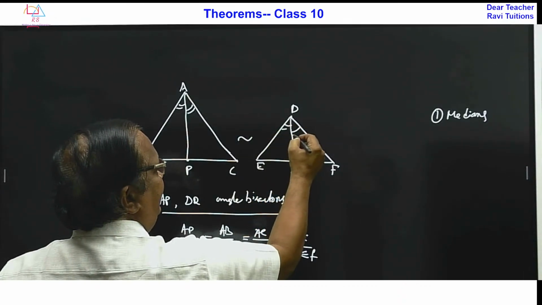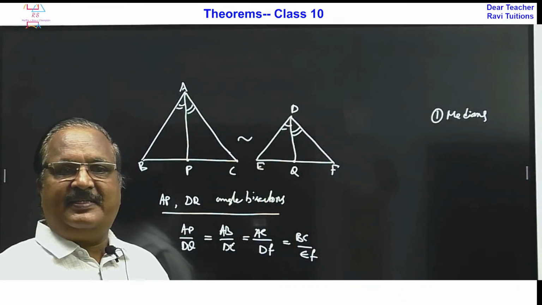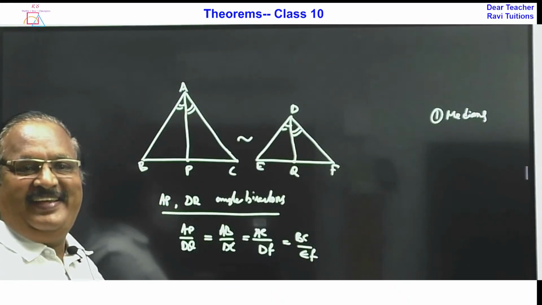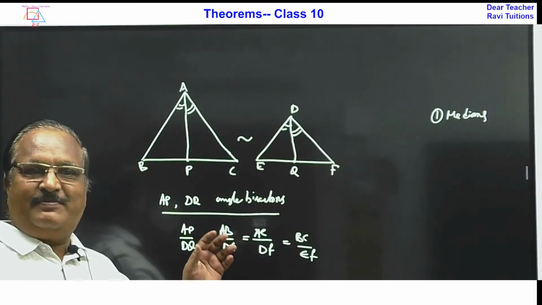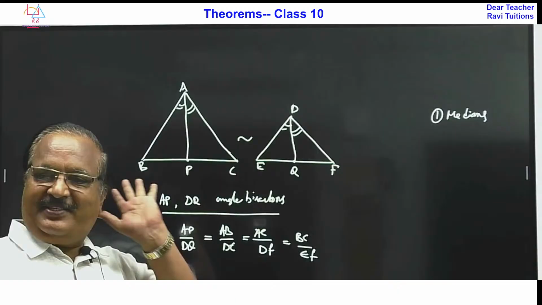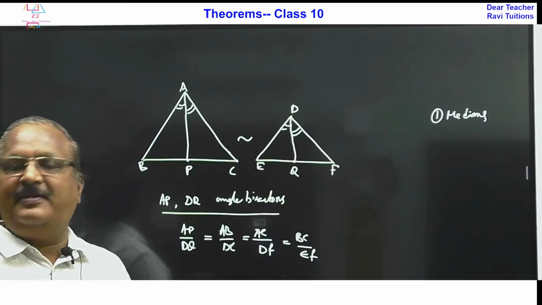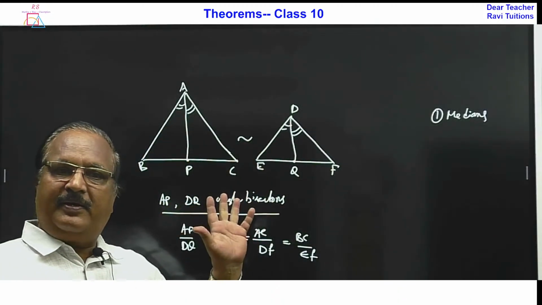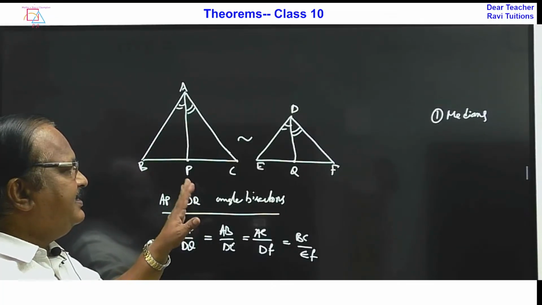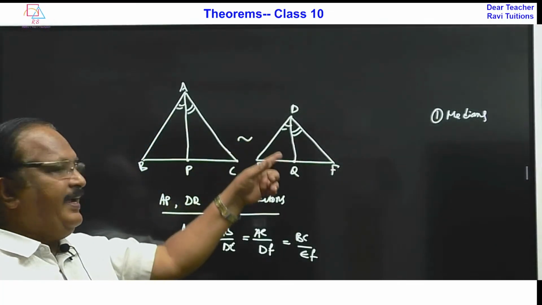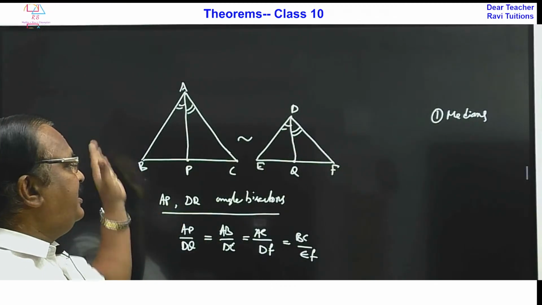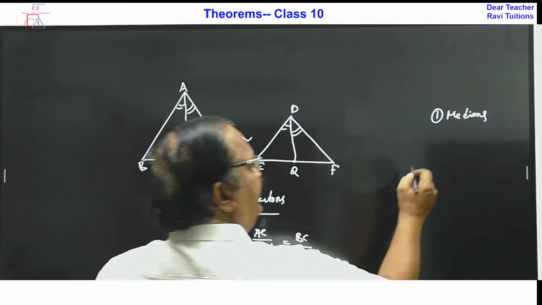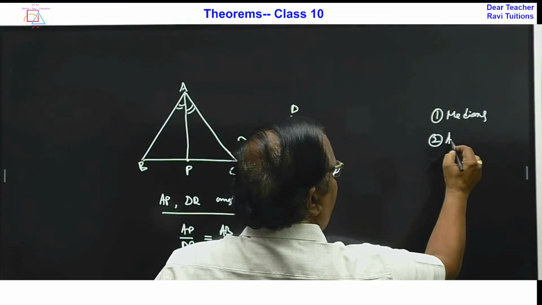Hindi is difficult, I can explain in Hindi, but I wanted to teach in English, though in between I will try. So now AP and DQ are angle bisectors. Even in this case, the ratio of angle bisectors is the same as the ratio of the corresponding sides of similar triangles. So this is also the same as medians.